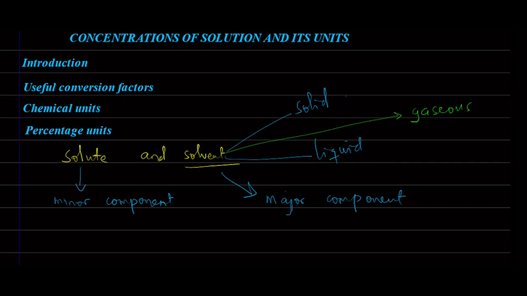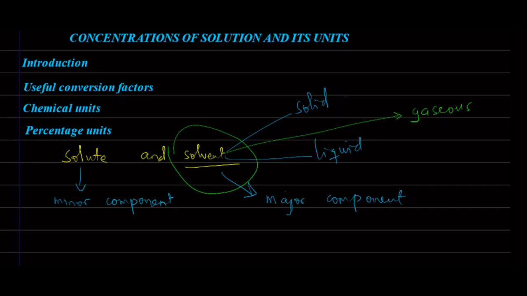They will form a solution in terms of carbonated drinks. So the solute can be in any state of matter, as well as the solvent. But the state of the solvent helps us to determine the state of the solution, simply because it is in larger percentage.